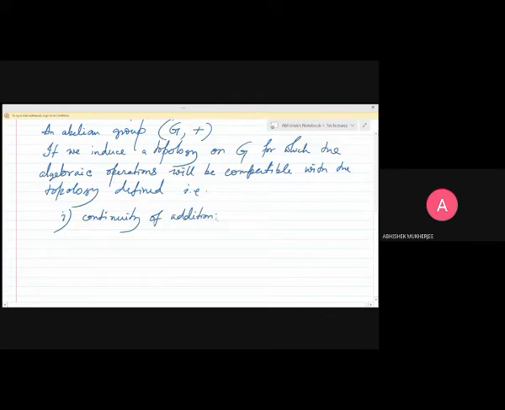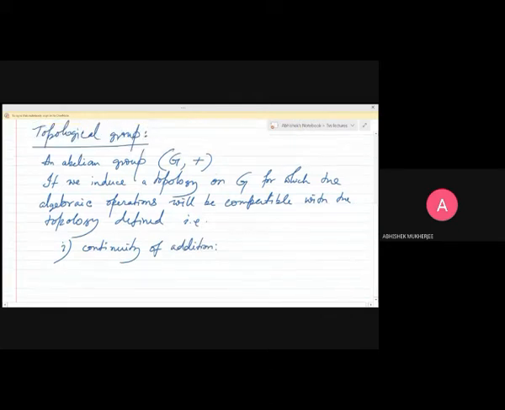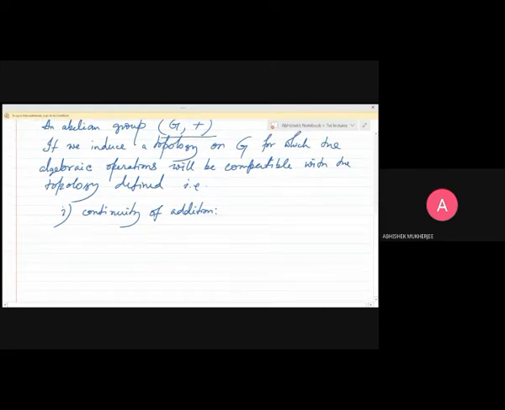That is the structure that we have already induced on the set G. It will be continuous with respect to the topology defined on G. That is the map x, y to x plus y, which is a map from G cross G to G. Where in G cross G we are considering the product topology.